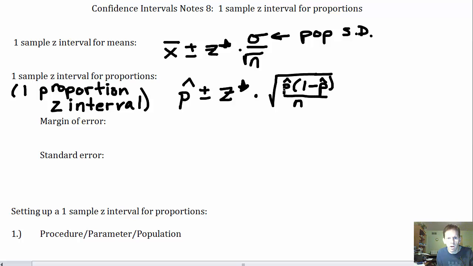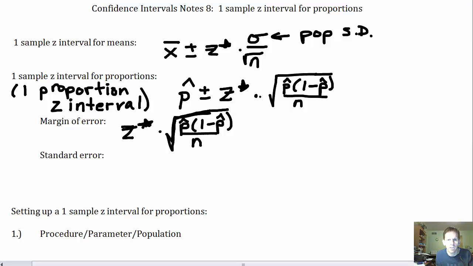You may recall that the margin of error is the stuff after the plus or minus sign, so that would be z star times the square root of p hat times 1 minus p hat over n. Make sure the square root is over this entire fraction. And then the standard error is just the stuff after the z star. So the standard error is just the square root of p hat times 1 minus p hat over n.